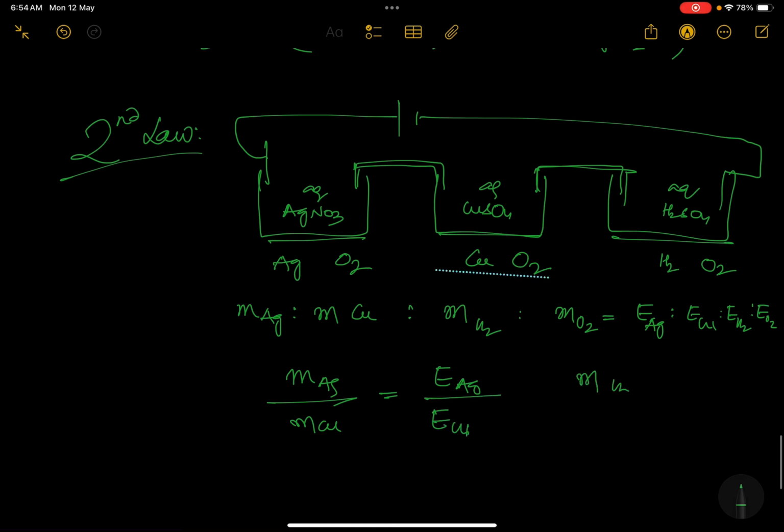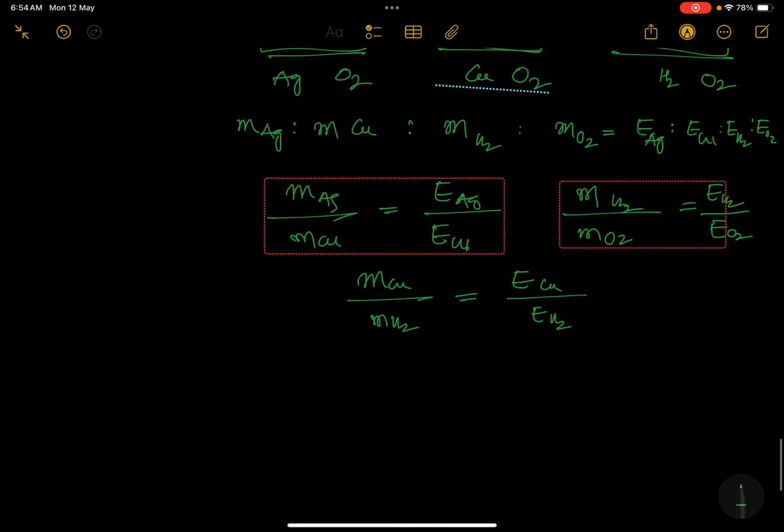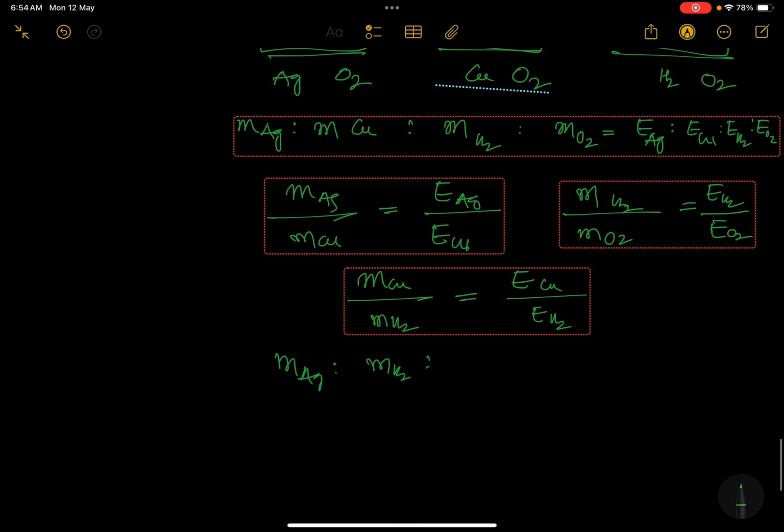Mass of hydrogen by mass of oxygen is equal to equivalent weight of hydrogen by equivalent weight of oxygen. You take any relation. Mass of copper by mass of hydrogen is equal to equivalent weight of copper by equivalent weight of hydrogen. You want to take 3: mass of silver is to mass of hydrogen is to mass of oxygen is equal to equivalent weight of silver is to equivalent weight of hydrogen is to equivalent weight of oxygen.